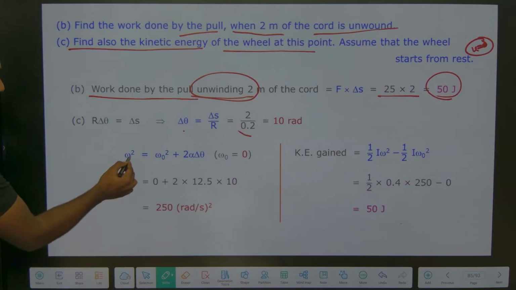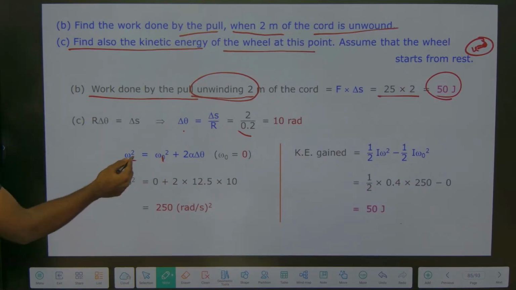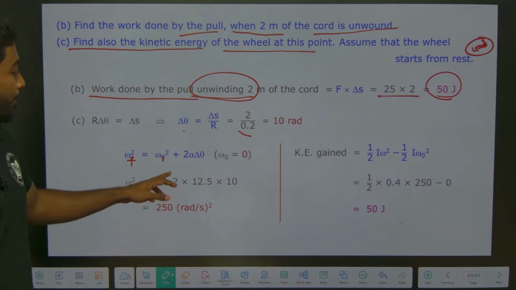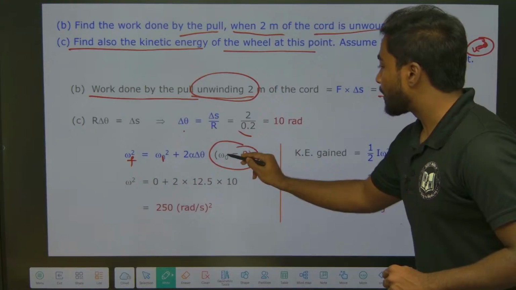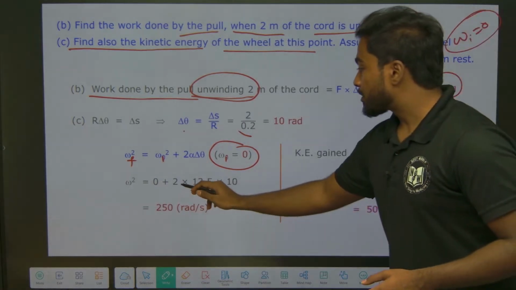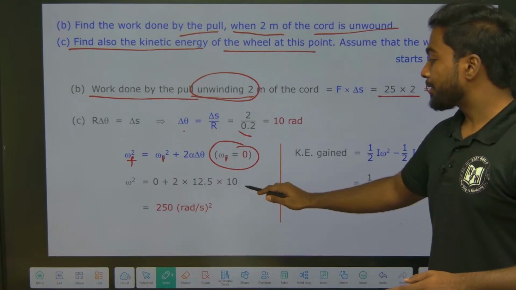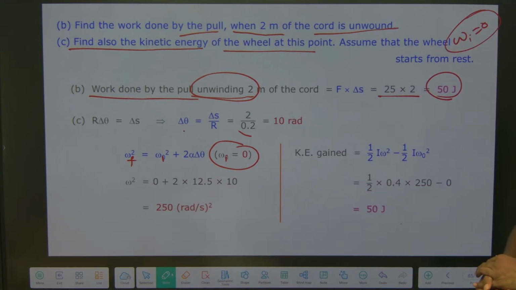Omega final square equals omega initial square plus 2 alpha theta, where omega initial is 0. So omega square will be 2 into 12.5 into 10, which is 250, so omega square is 250.